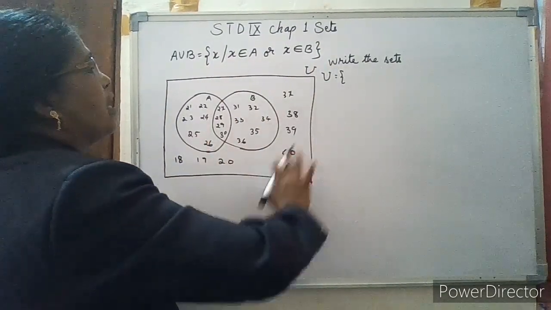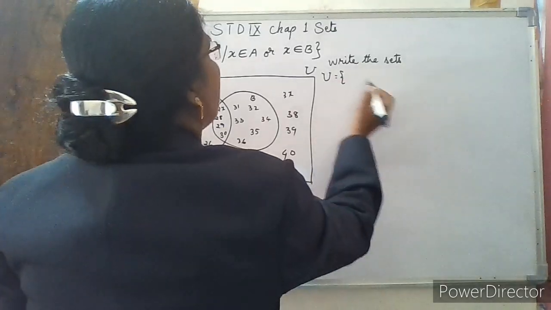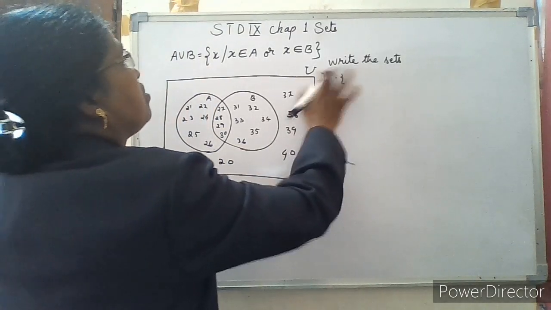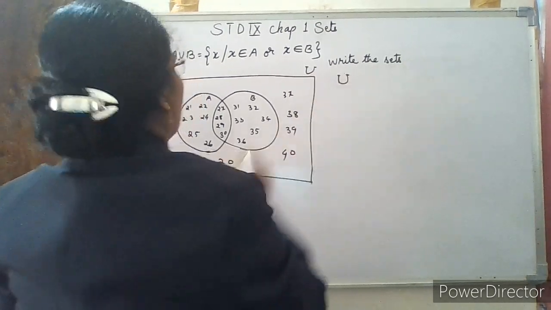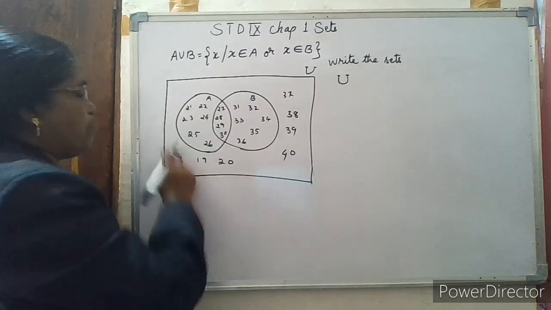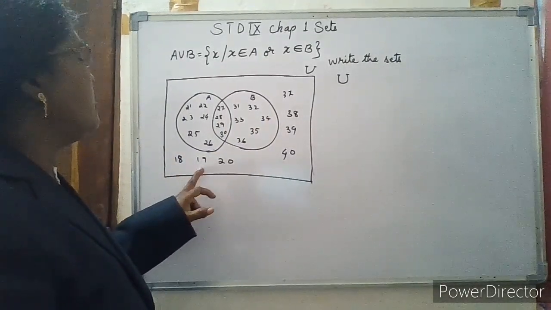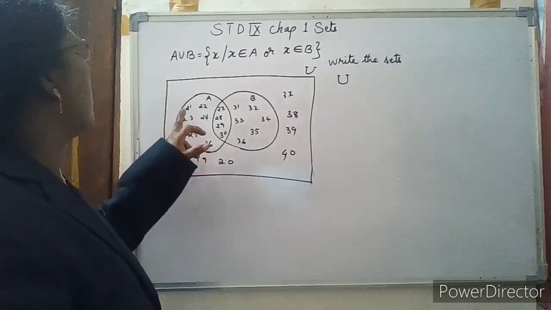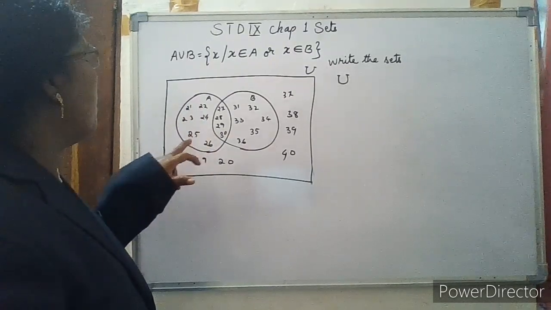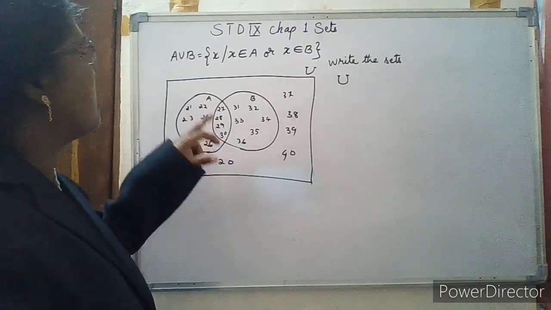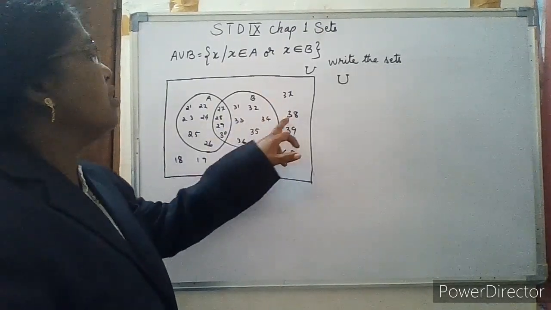Now, this is a Venn diagram. You have to write the sets, different sets. Now, universal set. What is the universal set here? See the smallest number here. Which is the smallest number? 18, 19, 20, 21, 22 and so on, 23, 24, 25, 26, 27, 28, 29, 30, 31, 32, 33, 34, 35, 36, 37, 38, 39, 40.